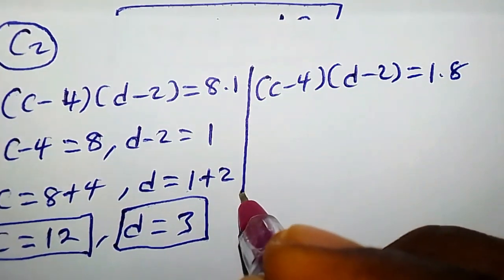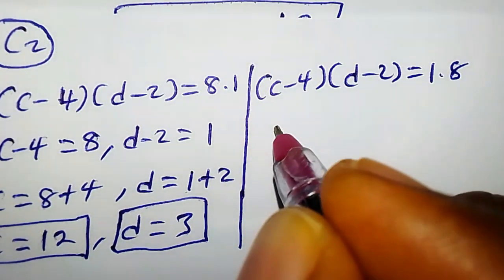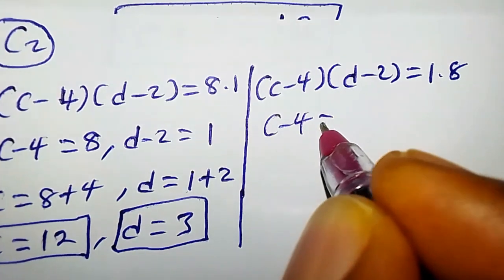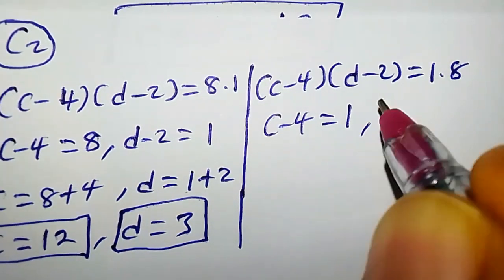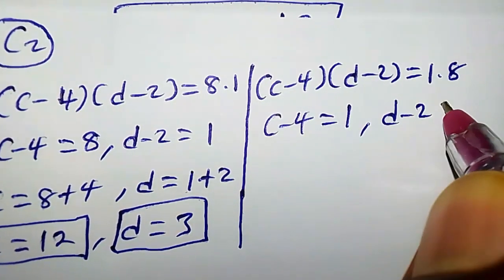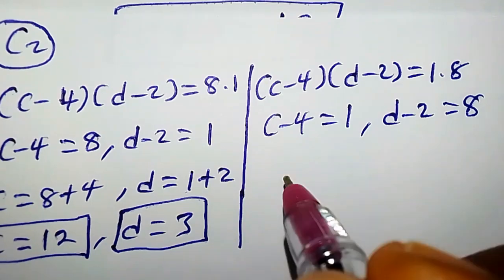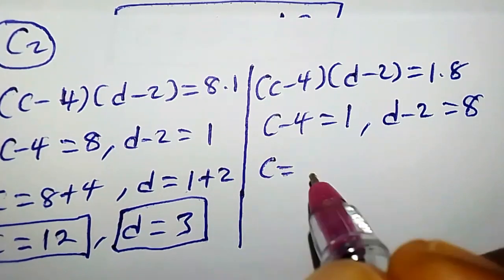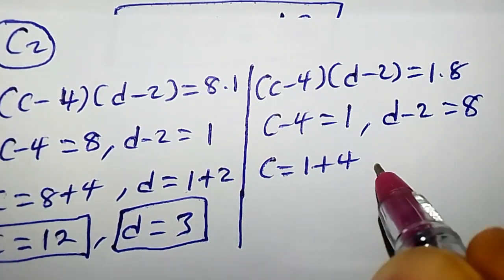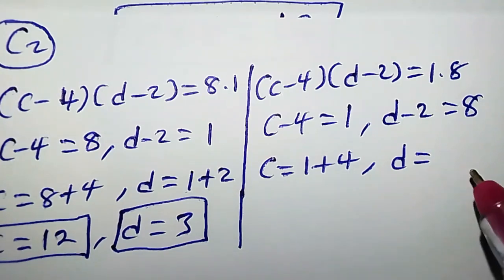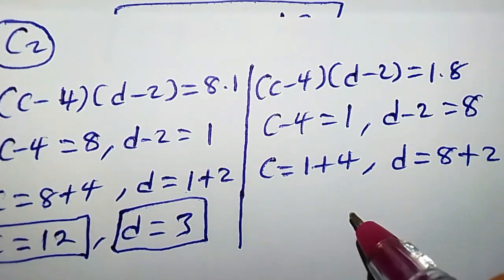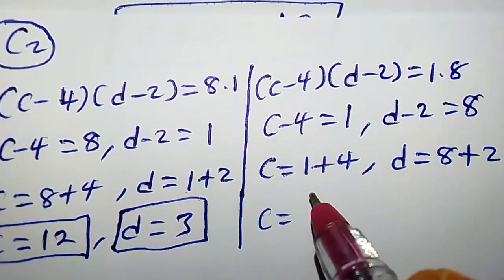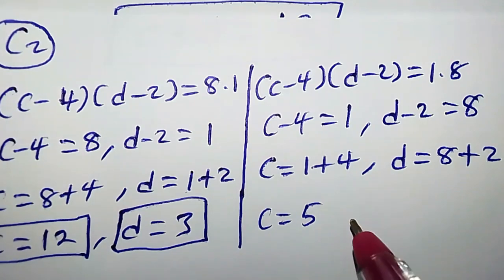From this line, if we compare, we have C minus 4 equal to 1, D minus 2 is equal to 8. So clearly, C is equal to 1 plus 4, D equal to 8 plus 2. C equal to 1 plus 4, that is simply 5.